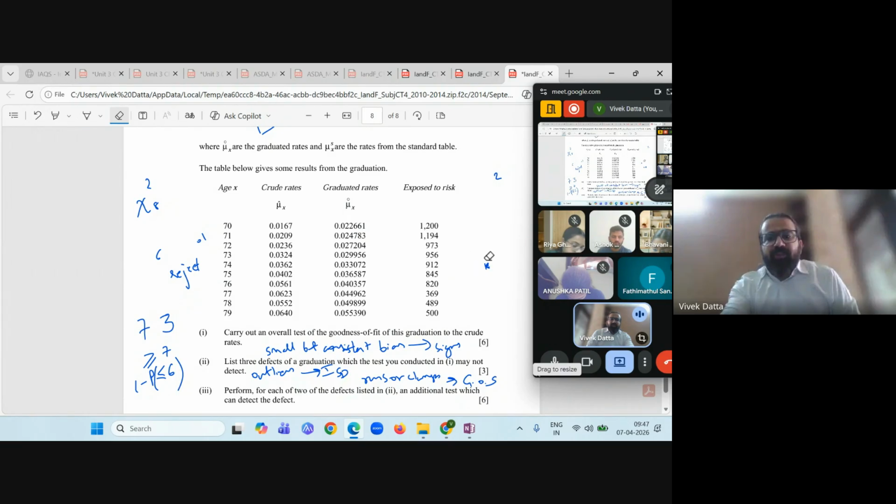Those who want to see the crude rates can see from here.